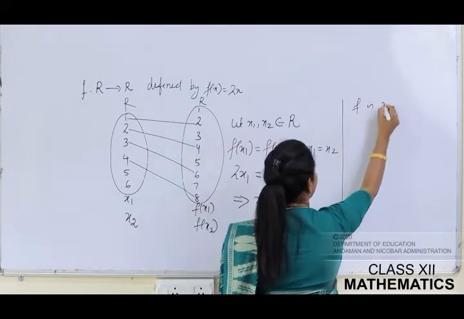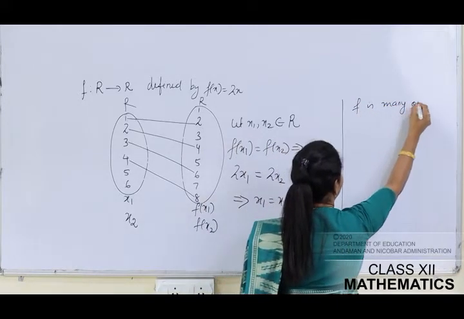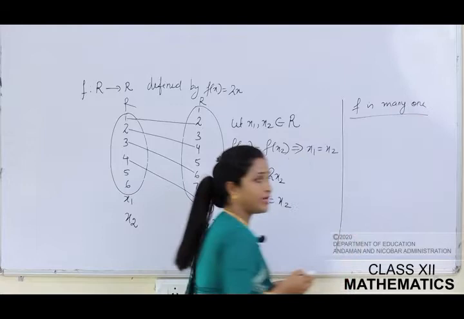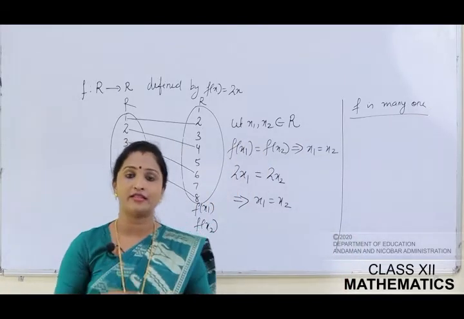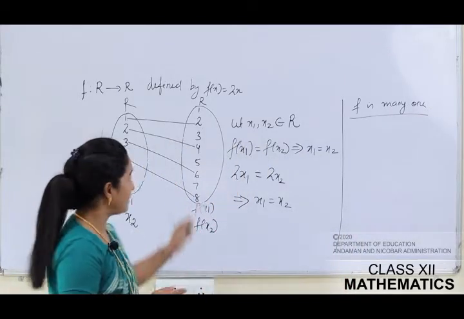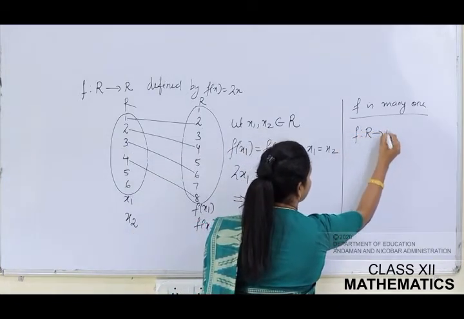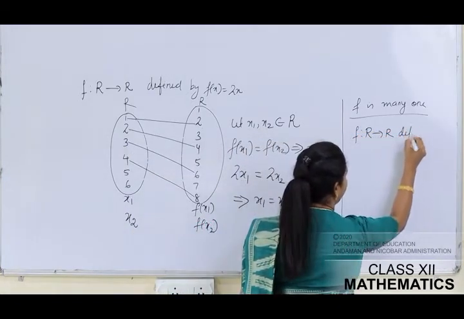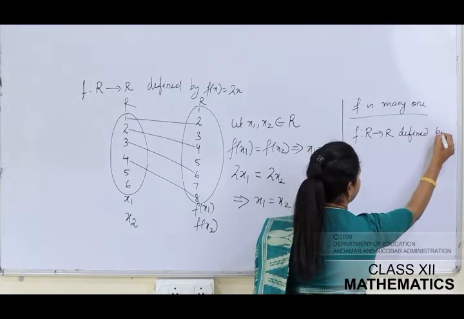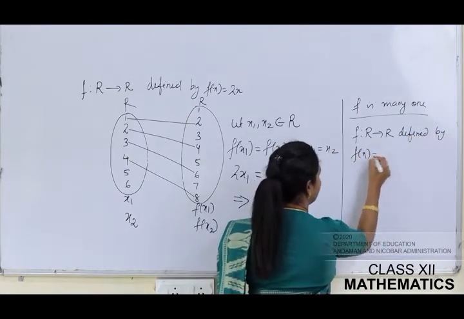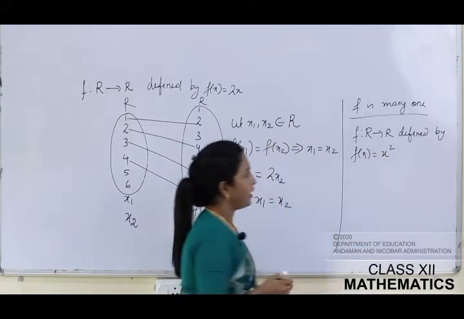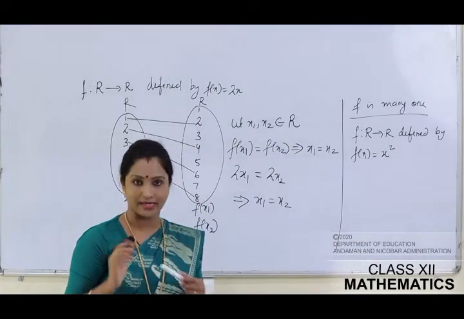f is many one. ये एक और टाइप है, many one function. कब हम बोलते हैं many one? When you will say that the function is many one. आप यहाँ ध्यान से देखिए, suppose again I am taking a function R to R defined by f(x) is equal to x square. Okay, I have taken a function f(x) is equal to x square.